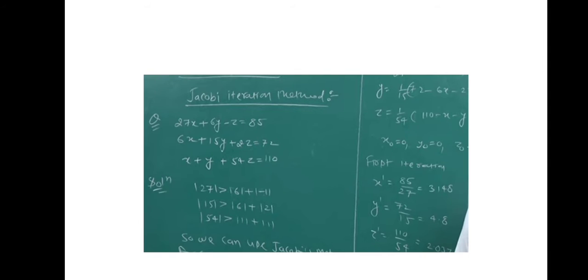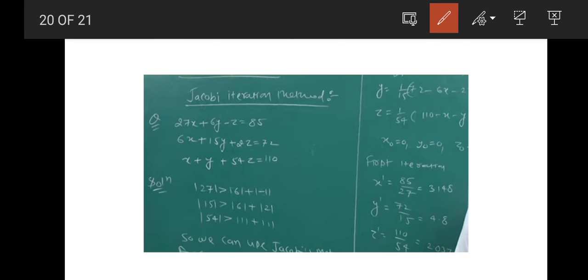The concept of the Jacobi iteration method is, suppose you are given three equations. We find the value of x from equation 1, the value of y from equation 2, and the value of z from equation 3.